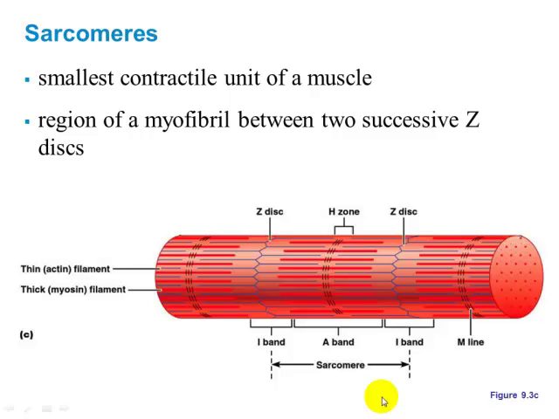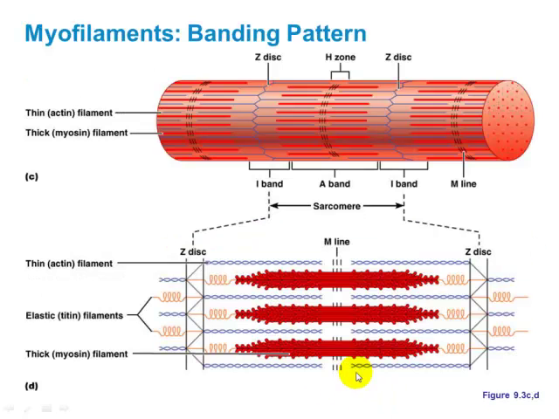Now this sarcomere itself is going to be the contractile unit. So if we look at this, now this is a three-dimensional structure. We're just going to take a little tiny section of it out and look at it. Okay. That Z-disc, that's kind of in between, right? It's in the middle.